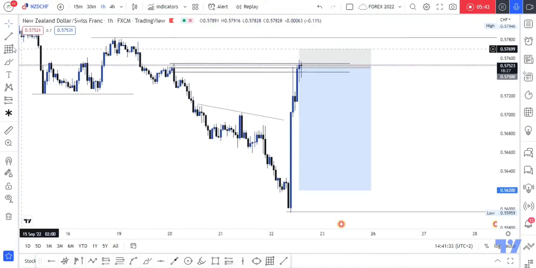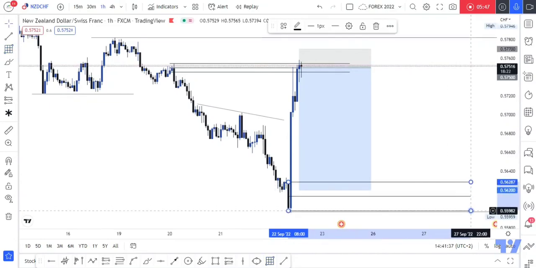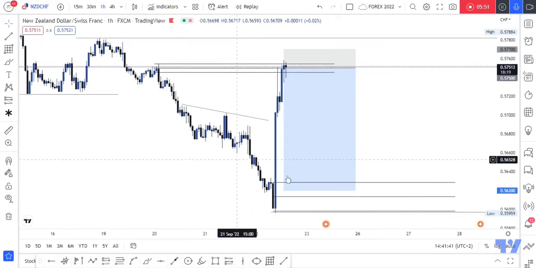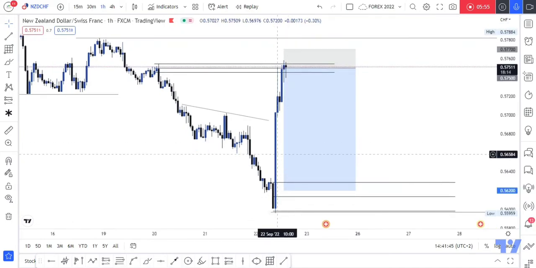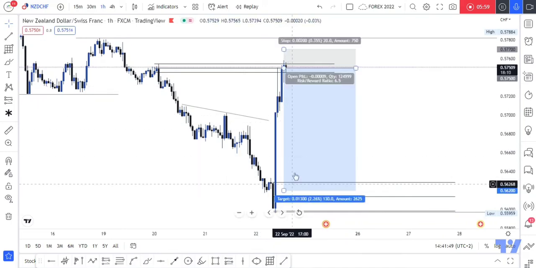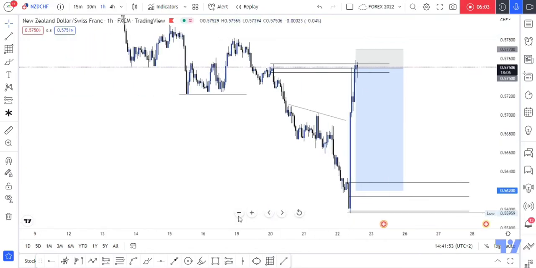I see to this side we also have an order block, and this might be a strong level that the market will get back into, because we have a lot of imbalances, and the market should come back into this level and trade off from this level. So this is my trade on the NZD CHF.